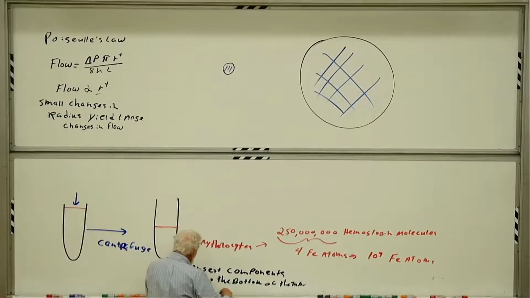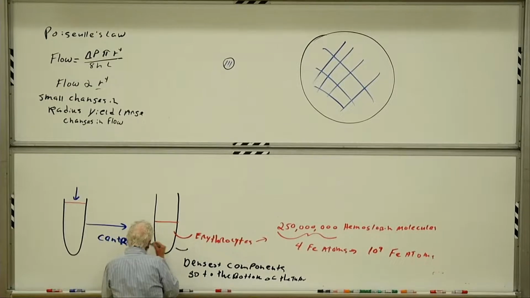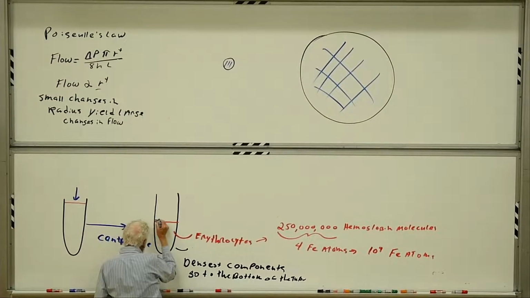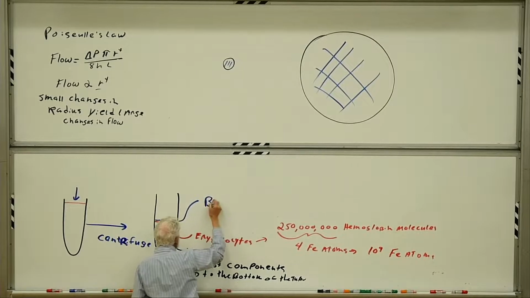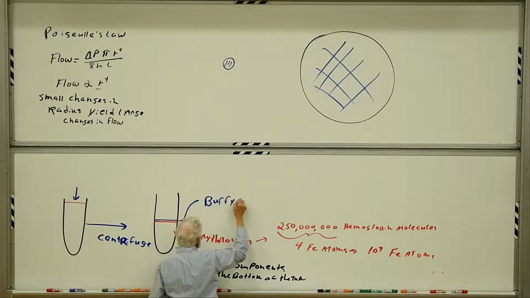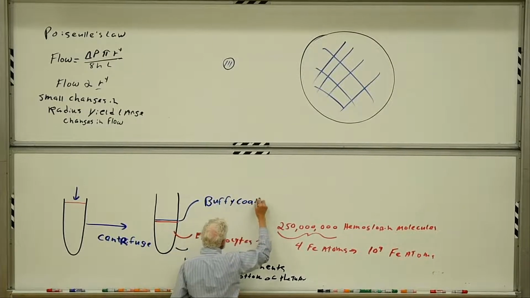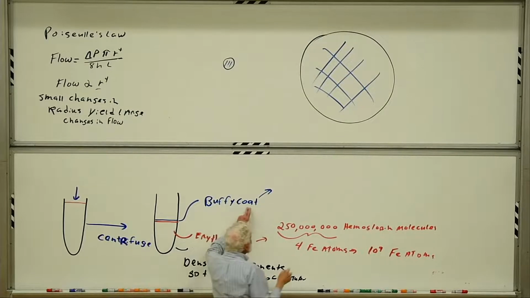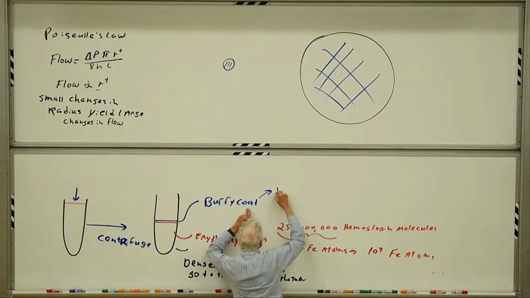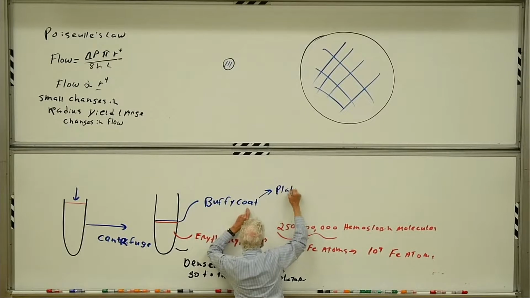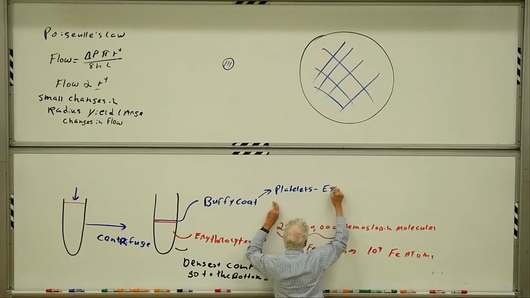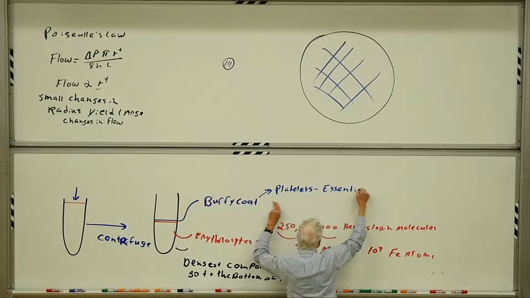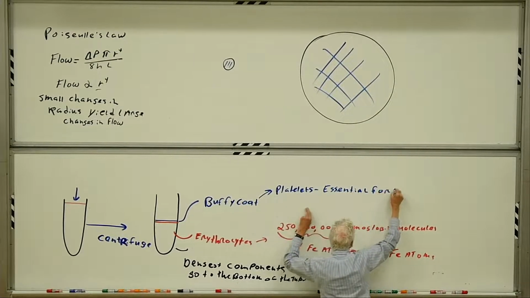Immediately above the erythrocytes is going to be a layer known as the buffy coat. The buffy coat contains platelets. These are essential for blood clotting.